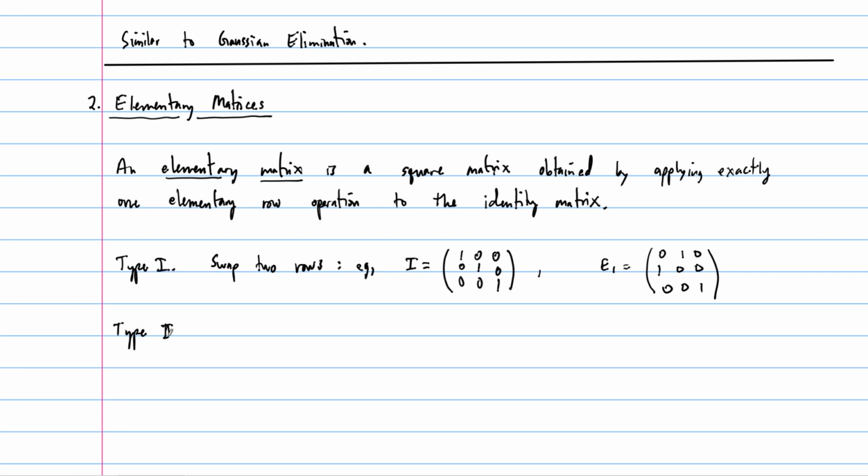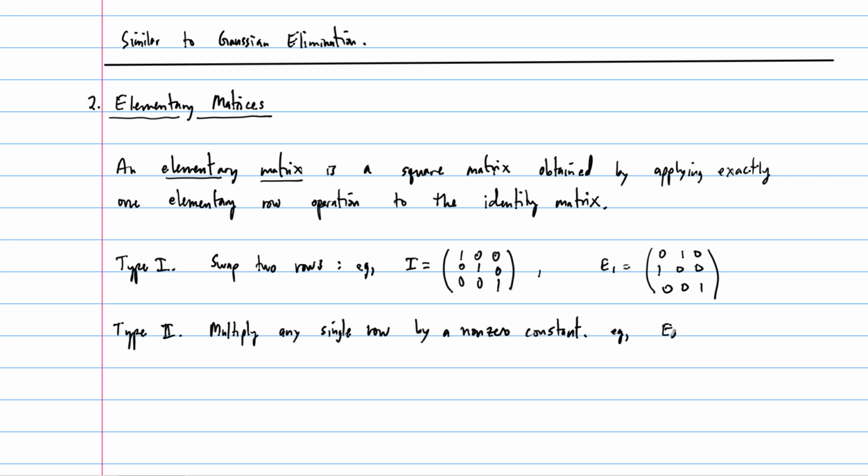All right, type 2: we can multiply any single row, one at a time, by a non-zero constant. So again, example, we'll take our identity matrix. We can multiply row 2 by some constant, let's call it k.